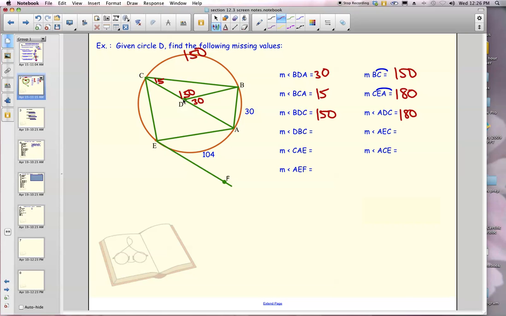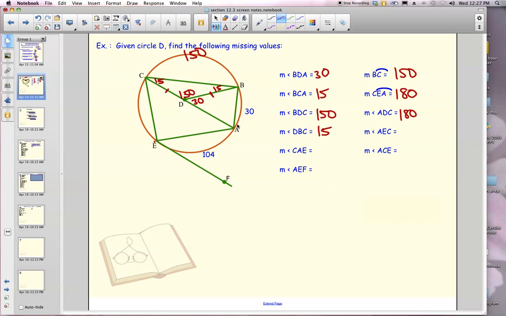And it's especially an isosceles triangle, which a lot of kids don't recognize because CD is a radius and DB is a radius, so they have to be the same measure. And in an isosceles triangle, the base angles have to be equal. So if this one is 15, then this one has to be 15. You could have also gotten that simply from the three angles of a triangle adding up to 180 degrees. Either one would have given you 15.